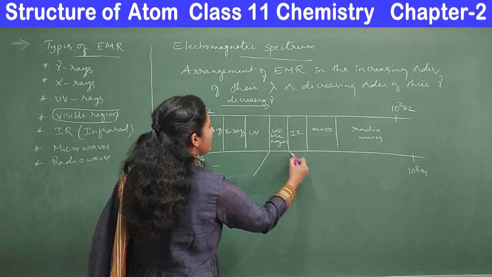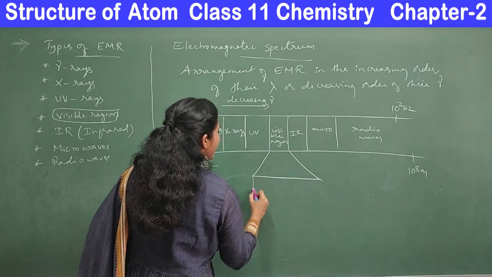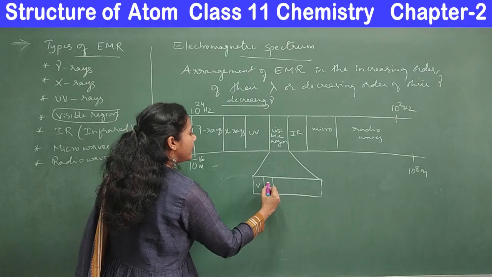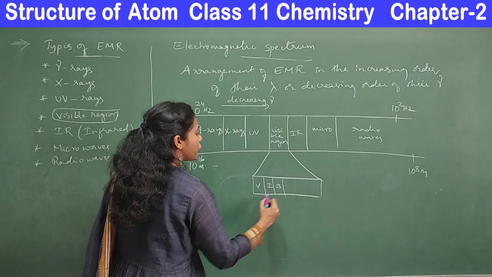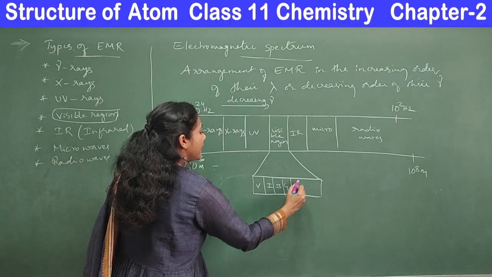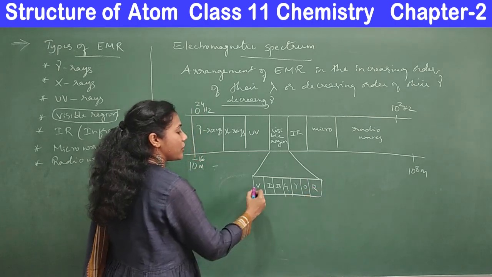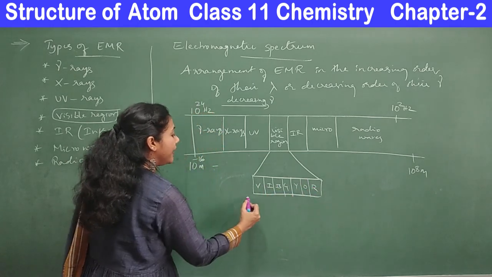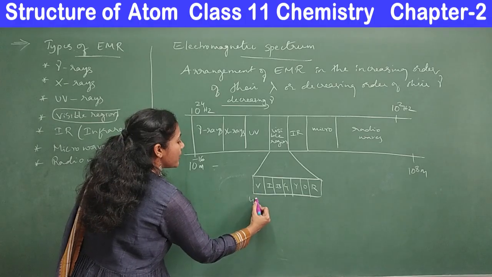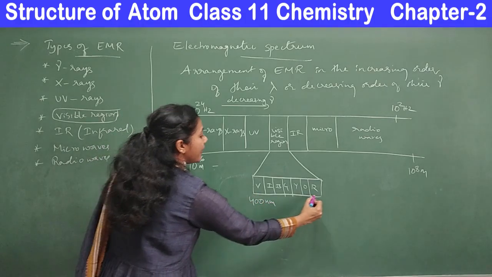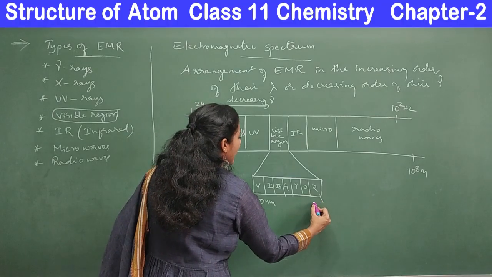Now coming to the visible region. The visible region is made up of 7 different colored radiations: violet, indigo, blue, green, yellow, orange, red radiation. In short, we call it VIBGYOR, right? Violet radiation has less lambda, and red radiation has more lambda.